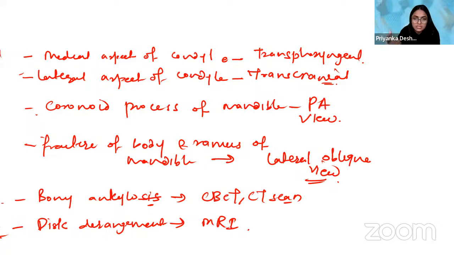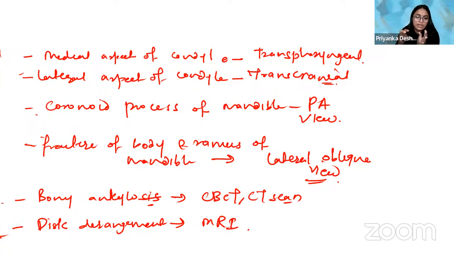Difference between osteoid osteoma and ossifying fibroma. Ossifying fibroma I have discussed at the start of the lecture. Osteoid osteoma is basically a benign tumor affecting the long bones, a completely radiopaque structure.